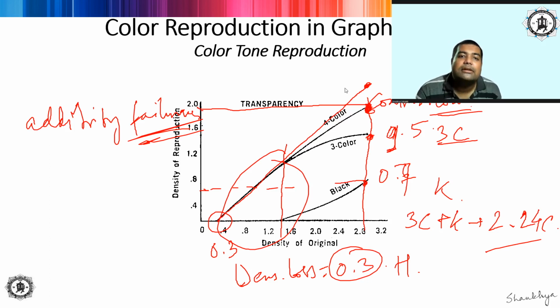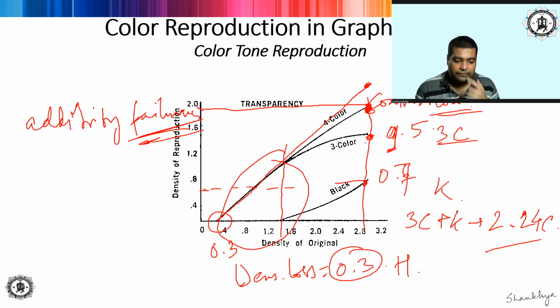So this is not required. Ultimately, the highlight and mid-tone shadows are getting reduced. Overall, there is a flatness throughout the image.